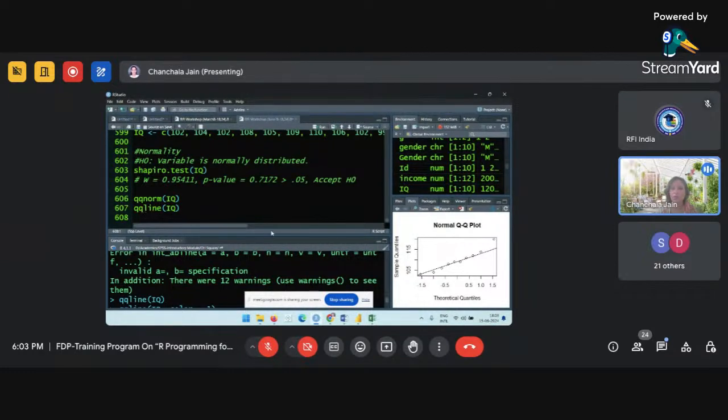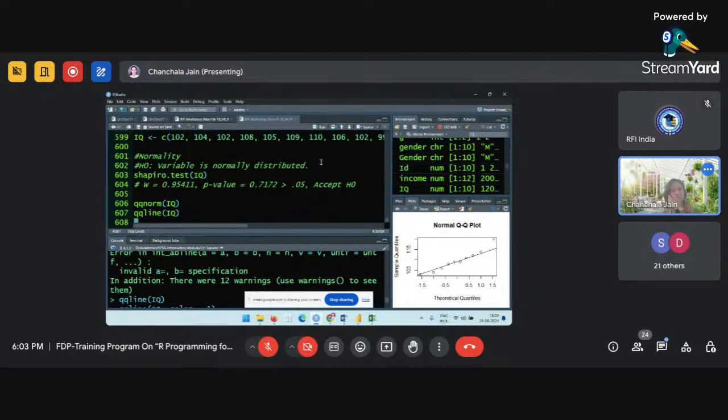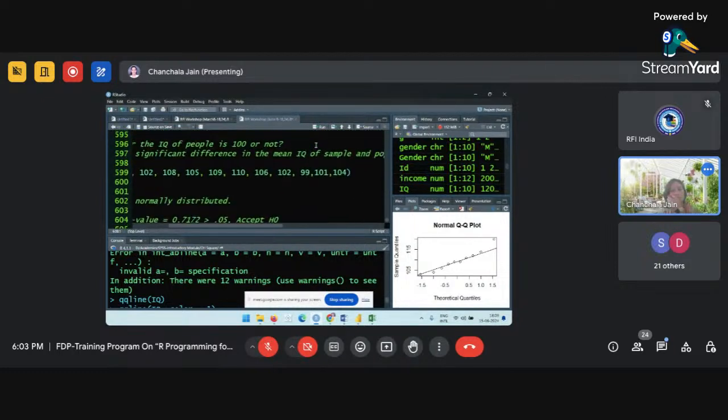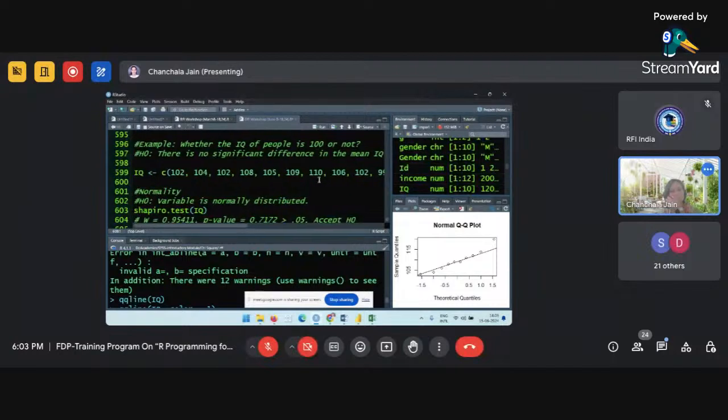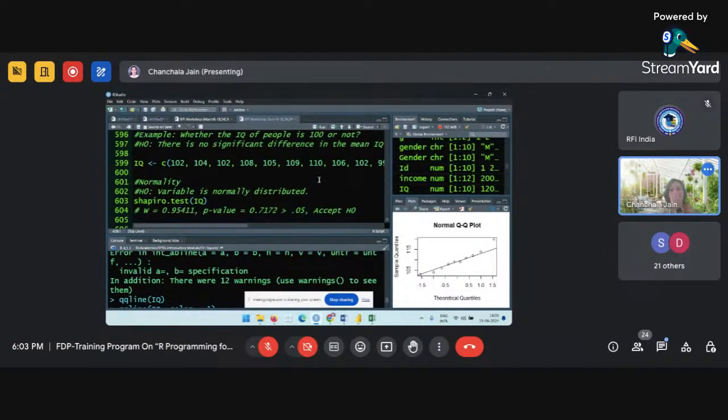This is the QQ line. We have fitted the best. This is known as the best fitted line. And you can see almost all the data points are following your line except the one data point. Clear?